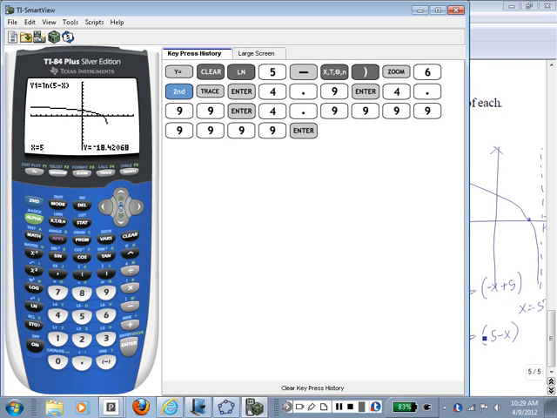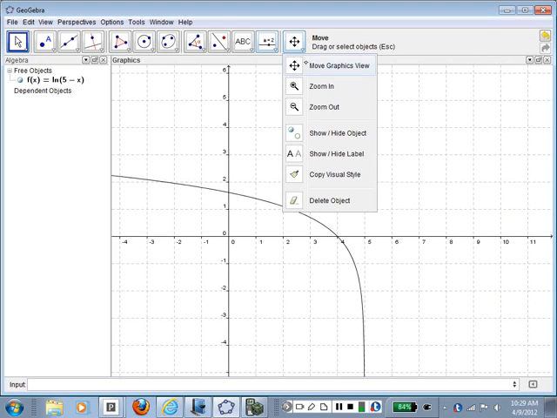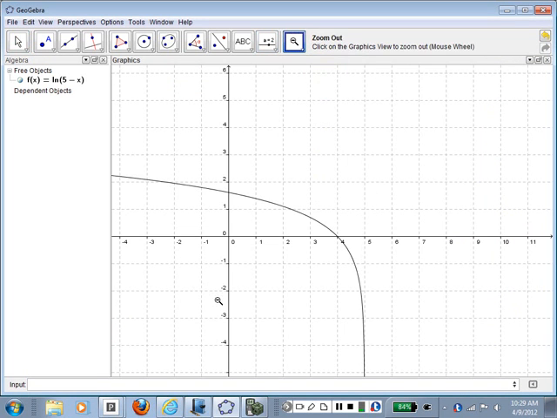GeoGebra will display this graph a little bit better. Let me just delete this one. If I graph y equals the natural log of 5 minus x, please graph it for me. There we go. You can see the vertical asymptote a little bit better. And let's see, is zooming out the right thing to do, maybe? Zoom out.